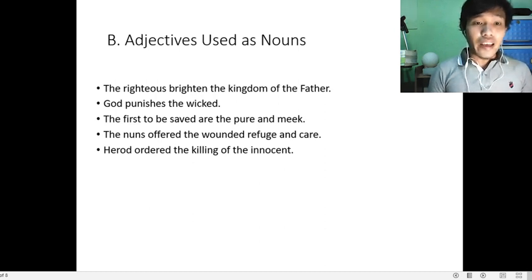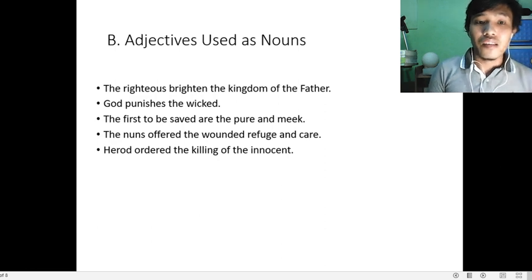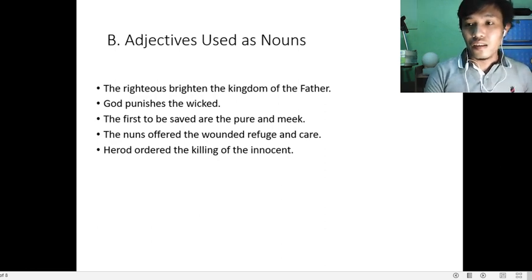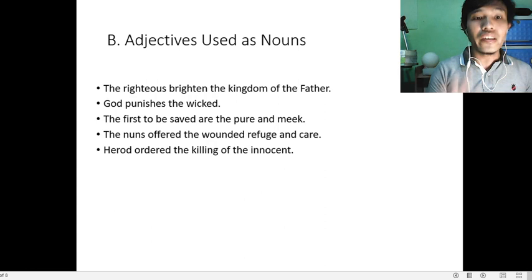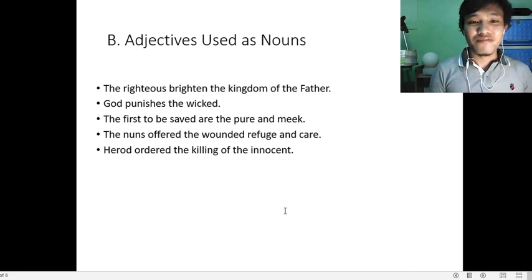Next: King Herod ordered the killing of the innocent. Okay, I'll give you time to identify all the adjectives that are used as nouns.